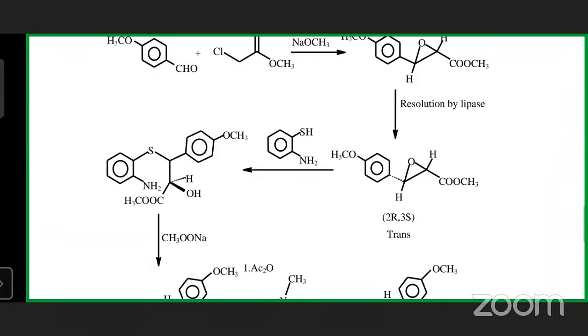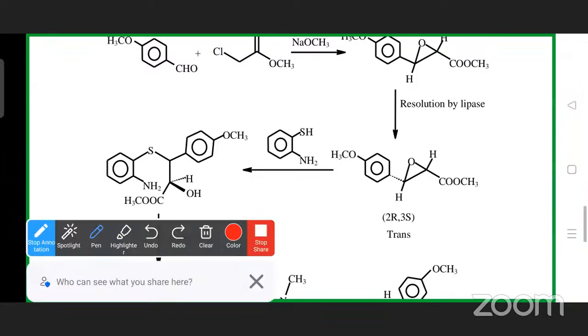This amino group is going to open the epoxide ring here, and then we get this intermediate compound.